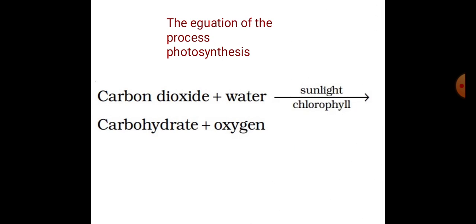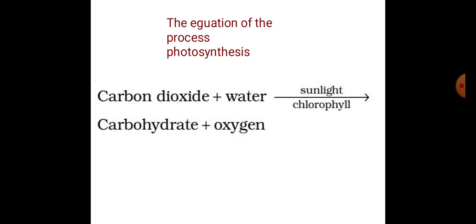We have one equation. You can see the equation. This equation is for the process of photosynthesis. By this equation, we can understand that for this process, plants need two raw materials, water and carbon dioxide.